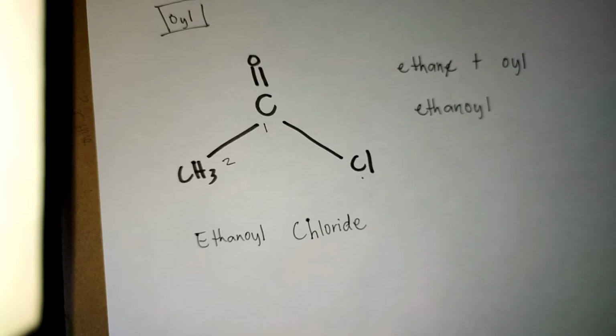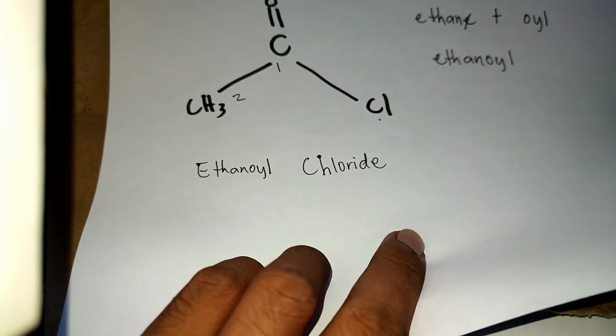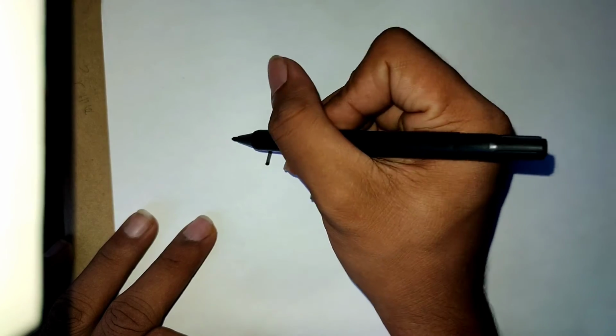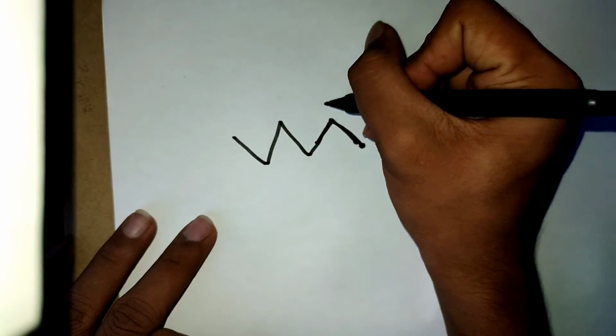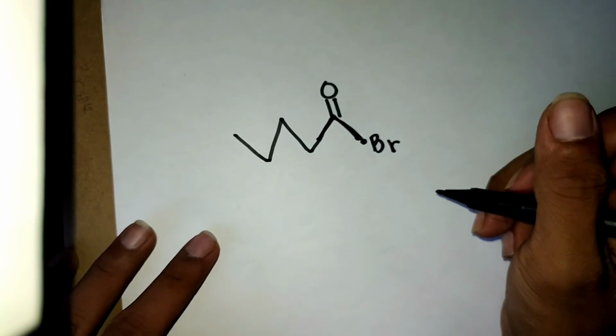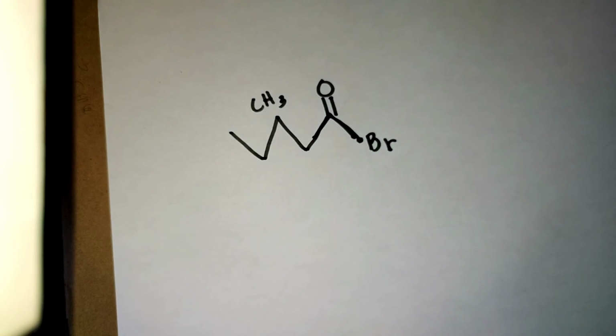Okay, so let us proceed to our next sample. Here. This one looks like this. Lakihan natin para 1, 2. Yan. Meron tayong bromine dito. And CH3.